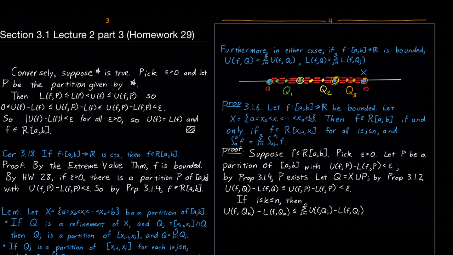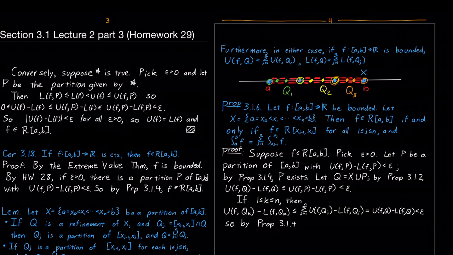So just taking one of these things we're adding up can't be any bigger than taking all of them. And then by the lemma, this is equal to the upper sum of f over Q minus the lower sum of f over Q, which is less than epsilon. So by proposition 3.1.4, f is Riemann integrable on the interval from xk minus 1 to xk for all of those k.